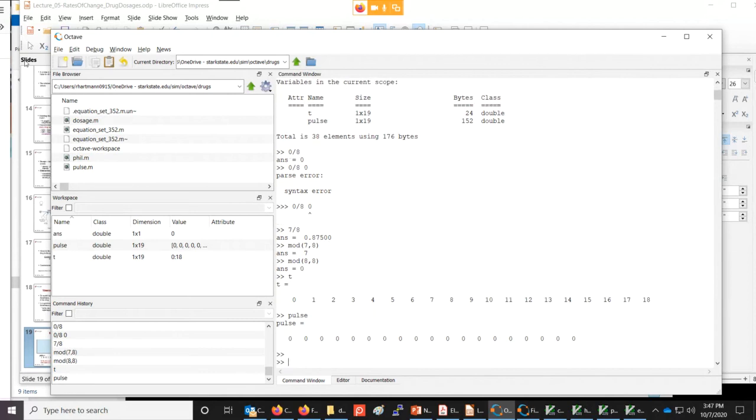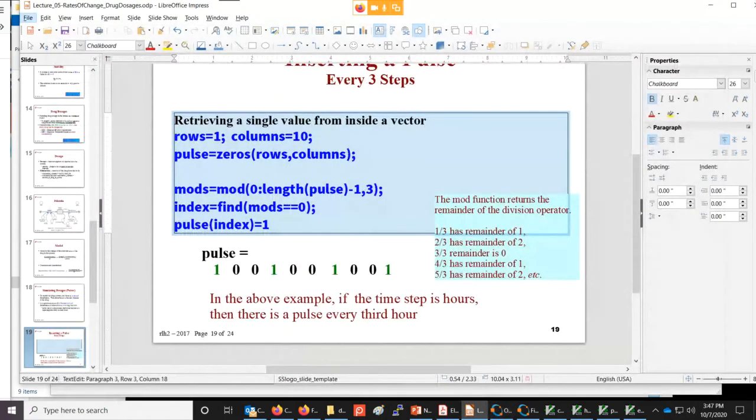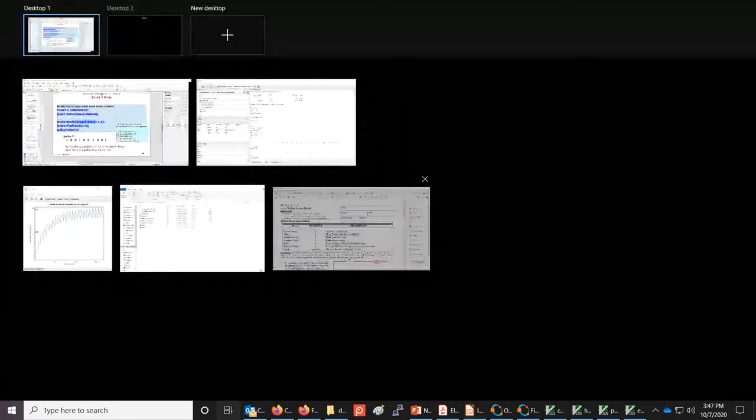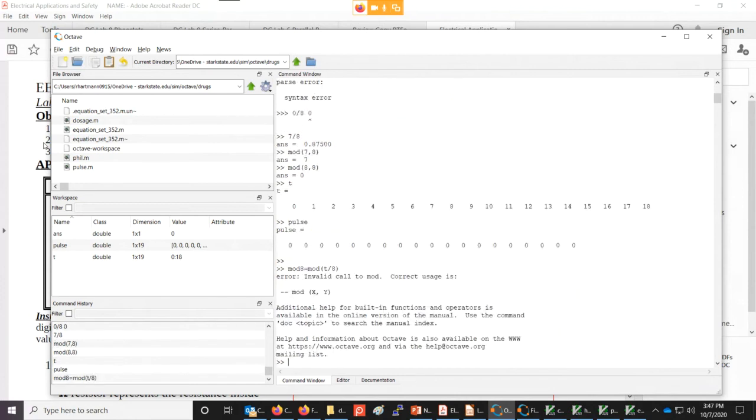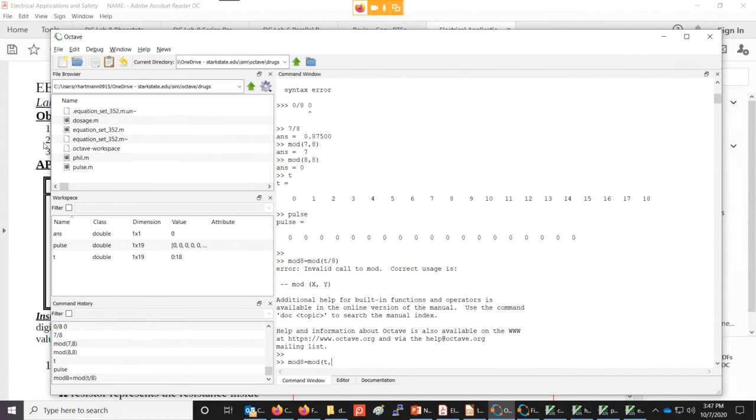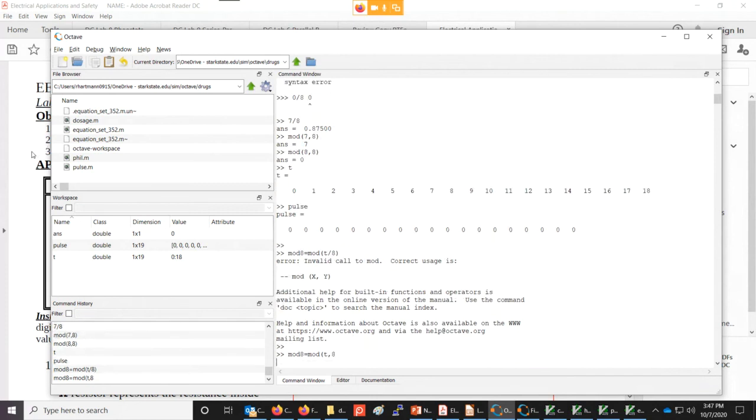But now what I'm going to do is get my mod 8, which is the mod of t comma 8.